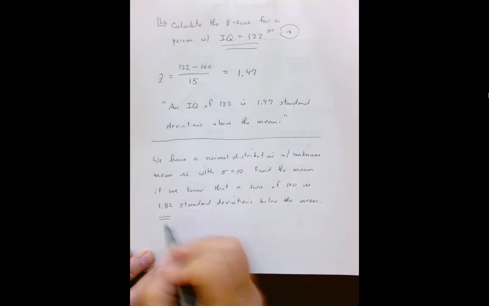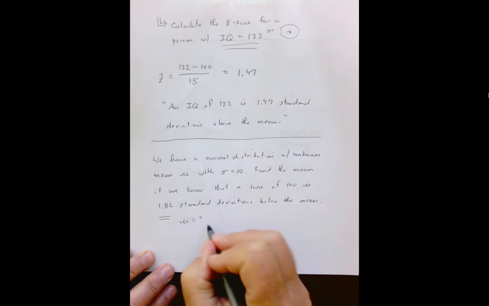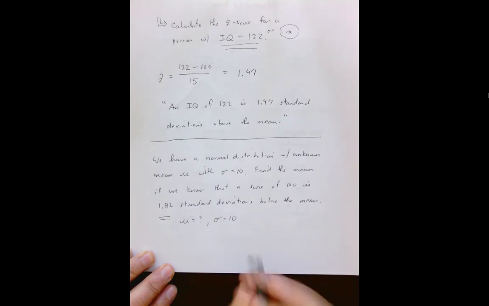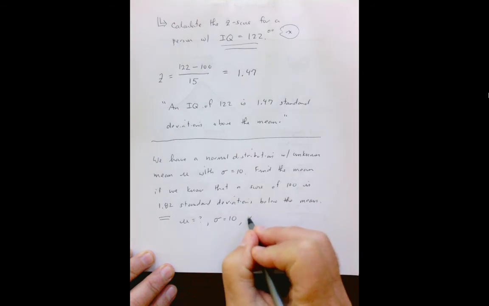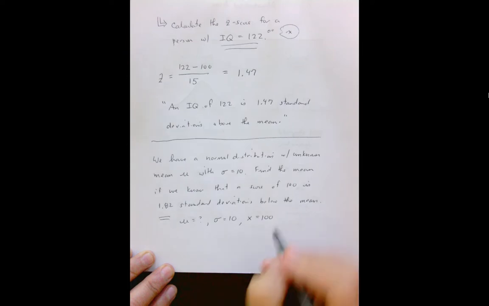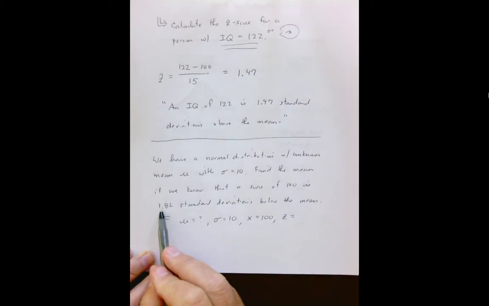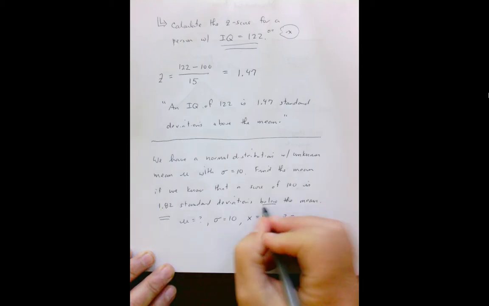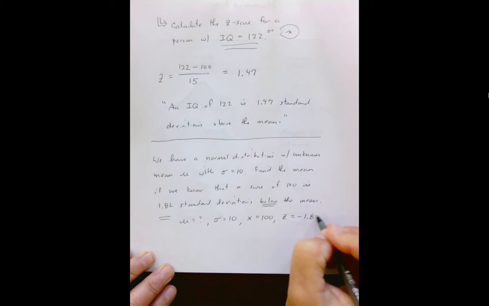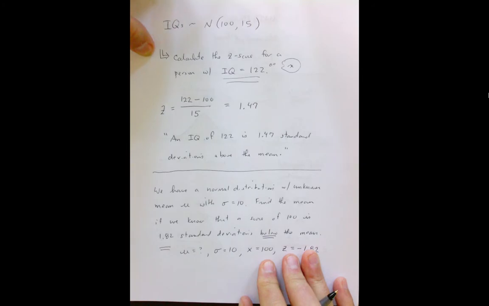Okay? So what do I know for sure? Well, I know my mean is unknown. I know my standard deviation is equal to 10. I know that my score from the distribution is 100. And I know that its z-score has to be negative 1.82 because it is below the mean. All right, so guys, simple plug and chug here.